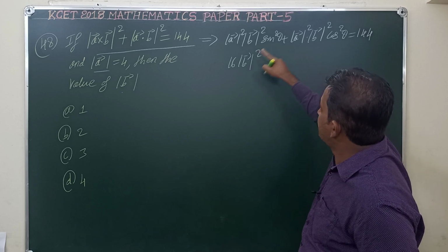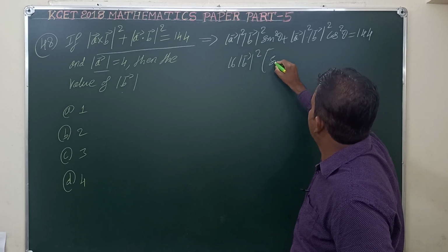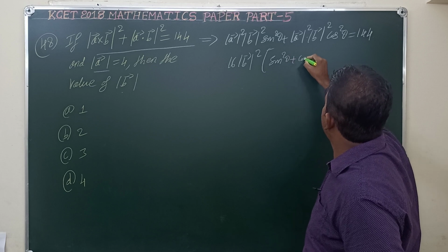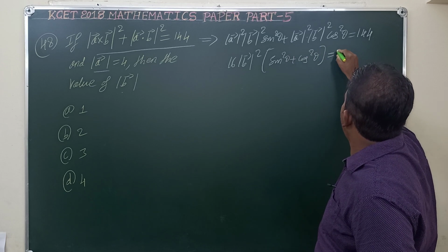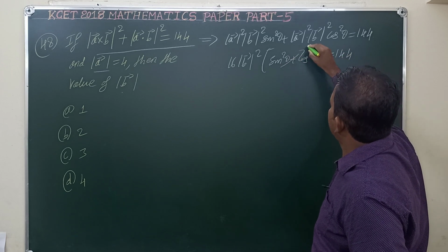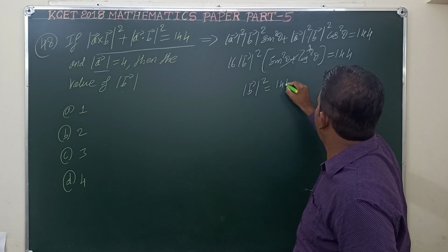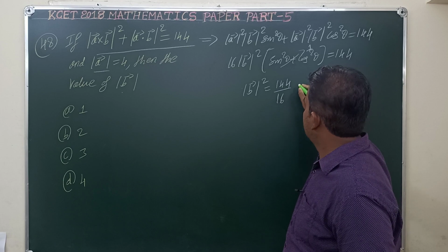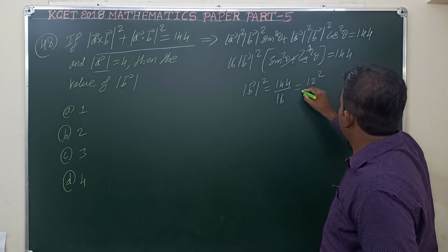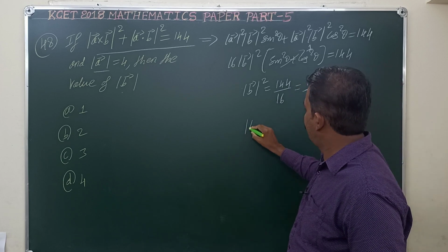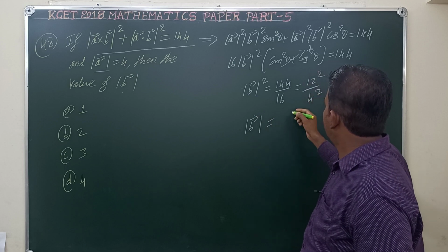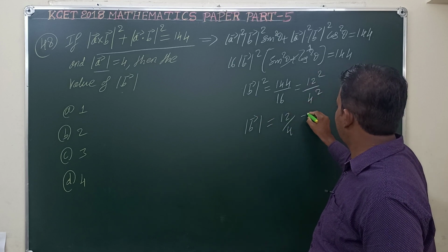Here also a is 16, b square common take outside, sine square theta plus cos square theta is equal to 144. This value becomes 1. Now magnitude of b square is equal to 144 divided by 16. So this is 12 square, this is 4 square. Now magnitude of b is equal to 12 by 4, nothing but 3.